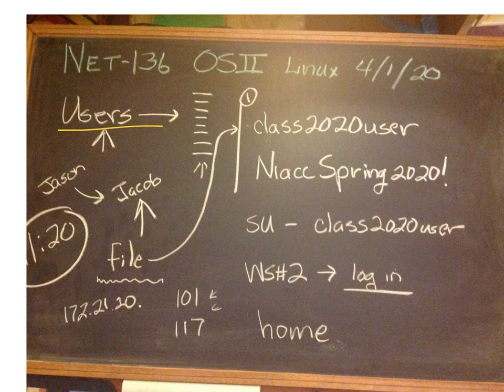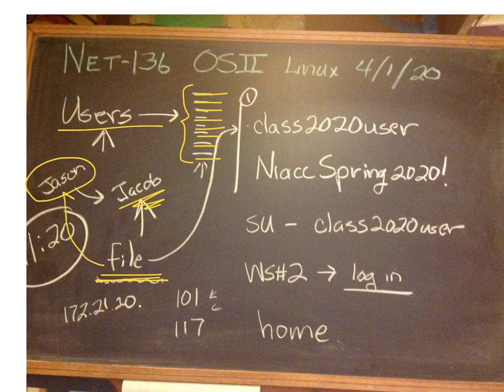So users, you're supposed to have all the students in the class as users on your system. Some of you have all of them, some of you have some of them. But for an example, Jason should be able to log into Jacob's computer and find files where we're going to create a file that's going to explain to Jason how to log into his account.